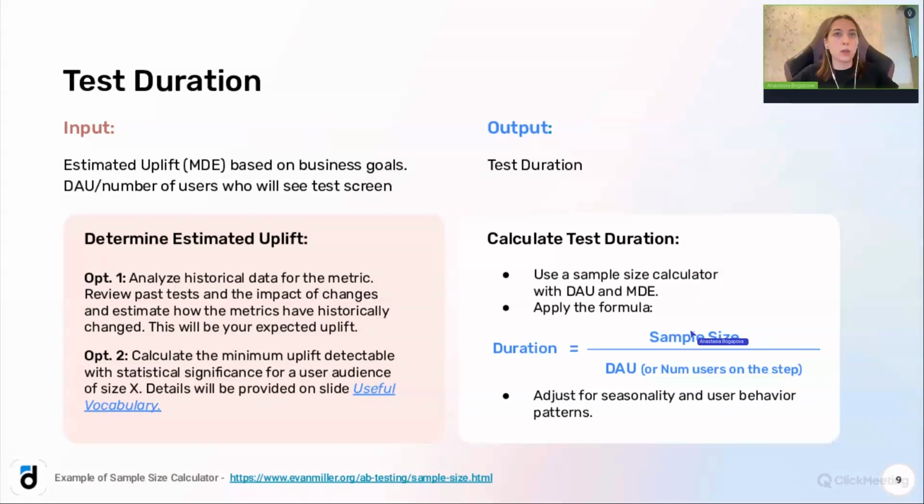It comes from the sample size and the number of observations, usually daily active users. This method is key to avoid common pitfalls such as stopping the test too early or running it with a small number of users. Meticulously planning test duration leads us to reliable and actionable results.